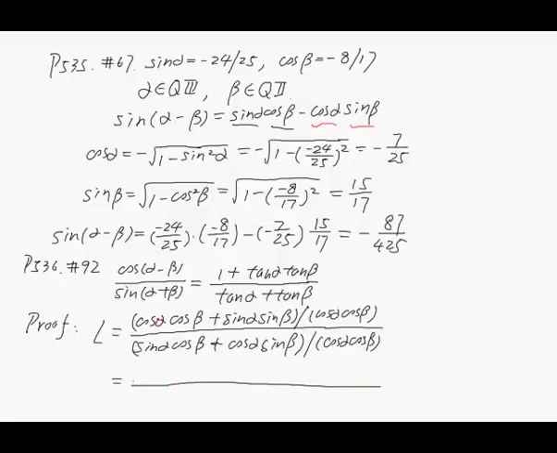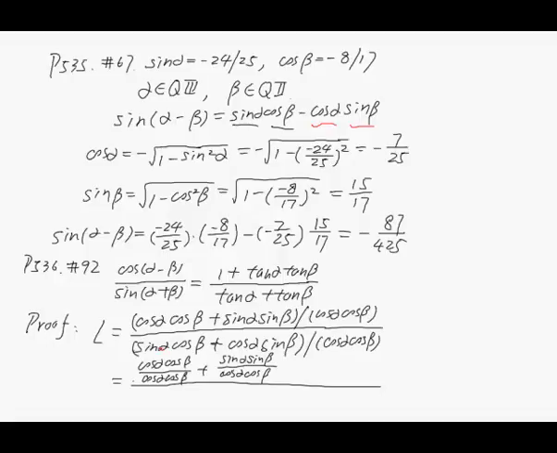So this guy, you have the cosine alpha cosine beta over this cosine alpha cosine beta. And then sine alpha sine beta over cosine alpha cosine beta.